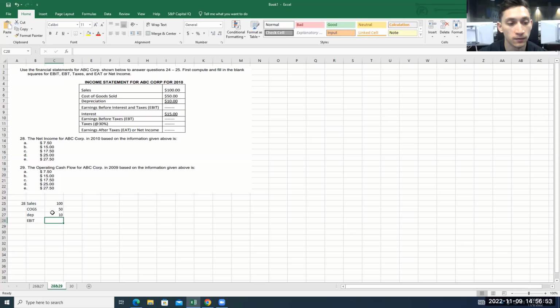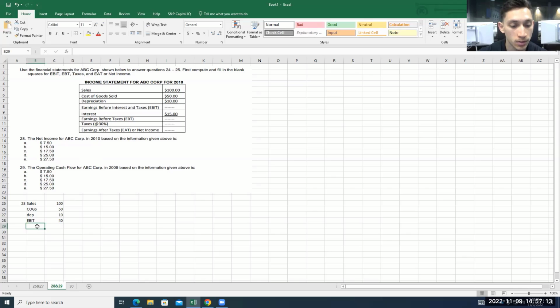They're both going to be negative, minus to sales revenue. So we're going to take the 100 minus 50 minus 10. It's going to give us our earnings before interest and taxes, $40.